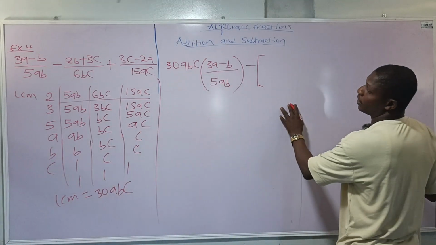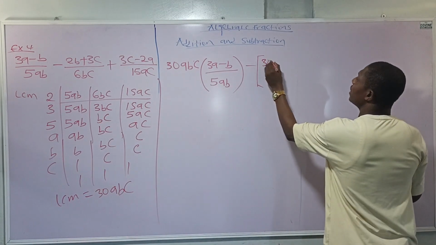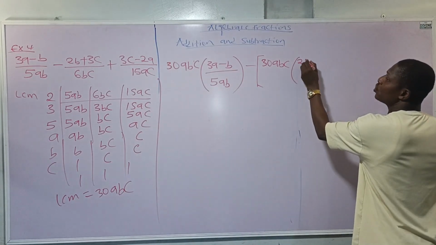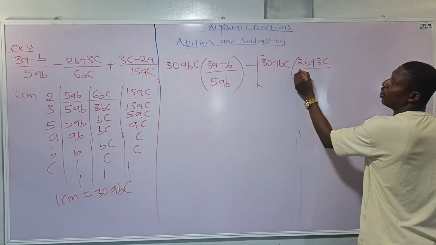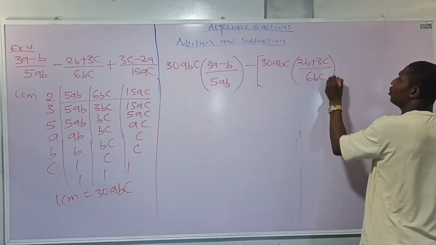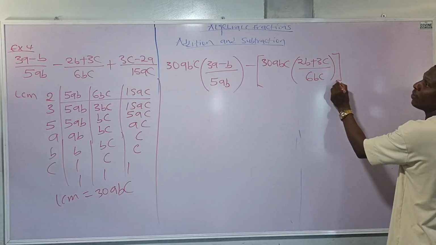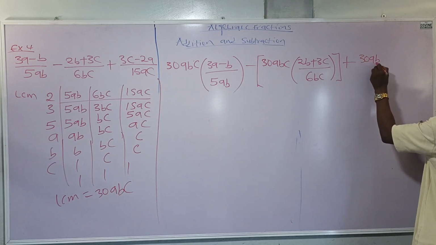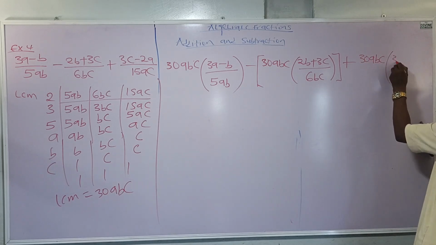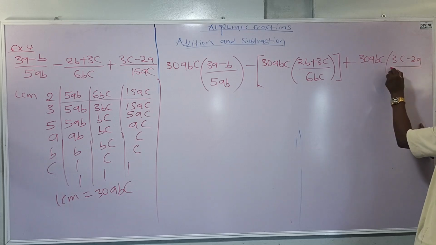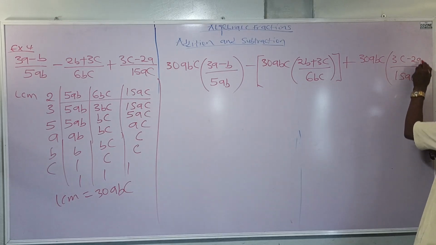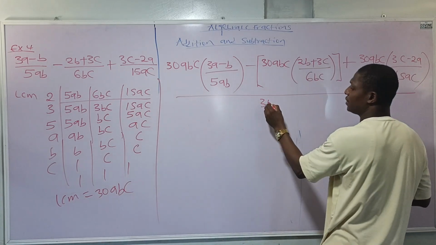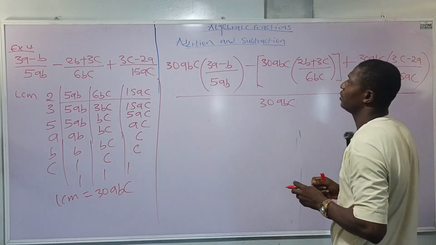So I have in brackets 30abc multiplying 2b plus 3c all over 6bc, close brackets, close the square brackets, plus 30abc, open brackets, 3c minus 2a, all over 15ac, all divided by 30abc.